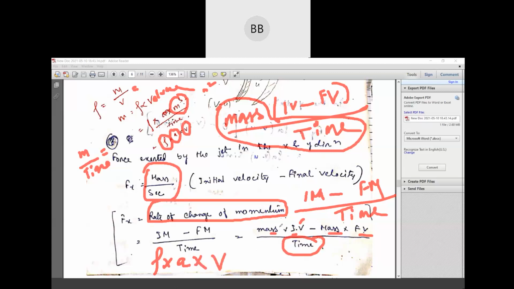Okay, rho AV. In place of mass per time, you can write rho AV, that is density multiplied by area into velocity. Any doubts? Clear?